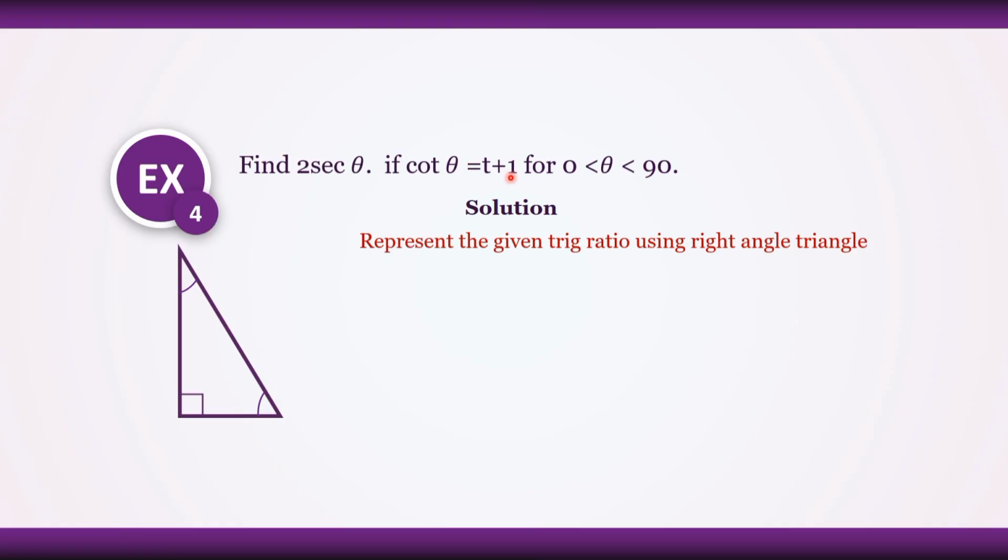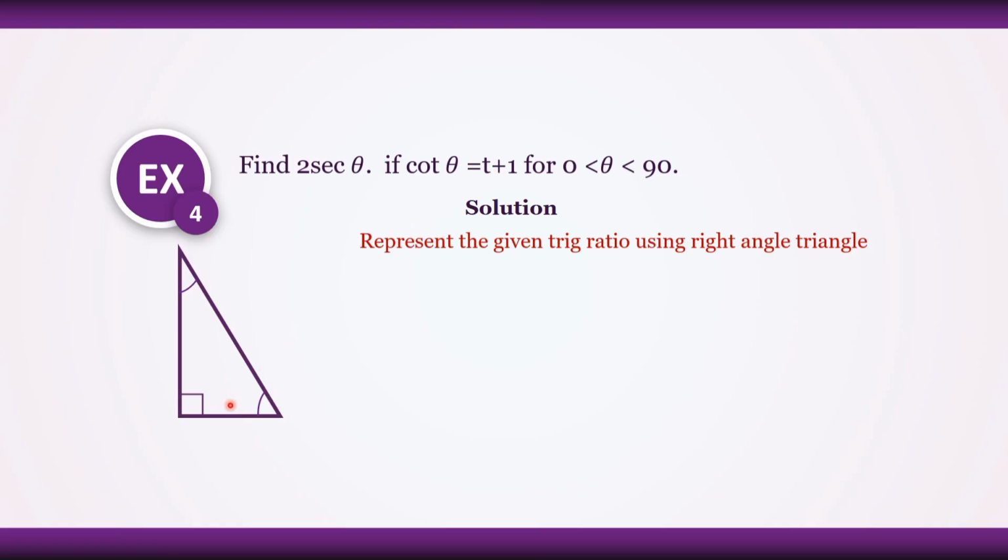Since we are given t plus 1, we can apply fractions, and you can convert any whole number to a fraction by dividing the number by 1. Here we have t plus 1, and you can convert it to a fraction by dividing it by 1. So instead of having cot theta equal to t plus 1, we can have cot theta equal to t plus 1 divided by 1. Now we can use that to fix cot theta.